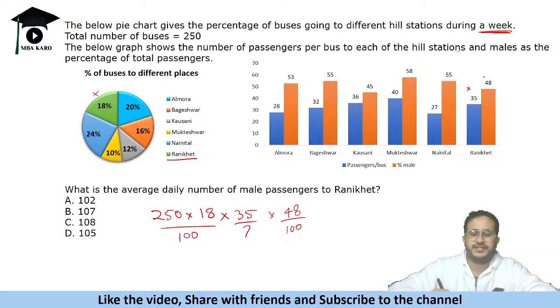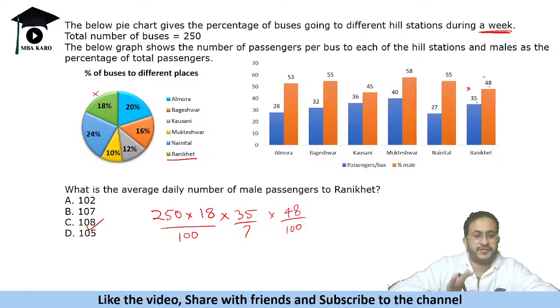It is about male passengers. Now what we can do is, this is 5 into 48, 240. Okay, 240, and 240 into 250, 25 into 24, 6 into 18, 108.